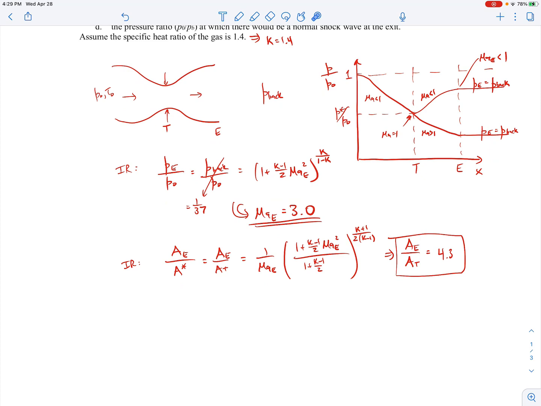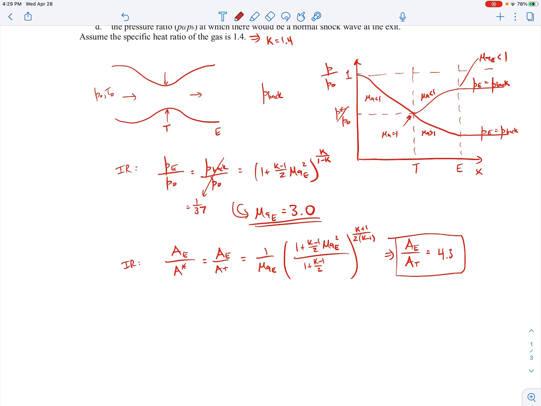But what I want to do now is solve this for the Mach number at the exit. Now, if you go back to the notes, you'll see that this equation is double valued. For a given AE over A star, there are two values for the Mach number that can give you that same AE over A star. One of them is supersonic, that's this one. Now what we're trying to do is find the subsonic case.